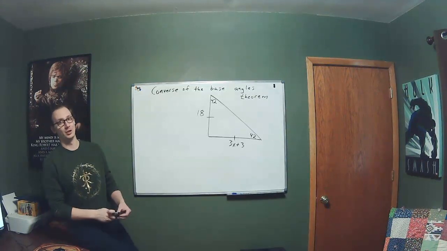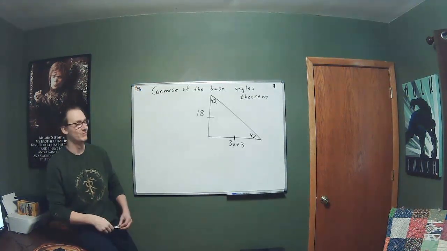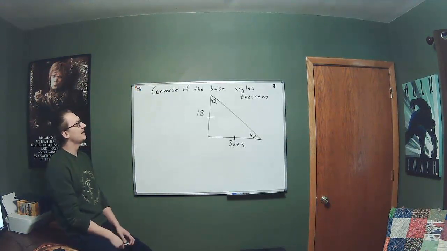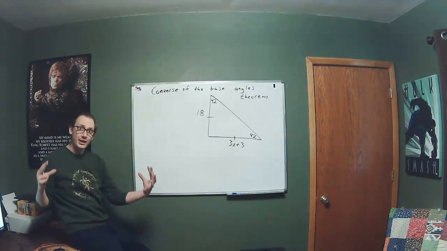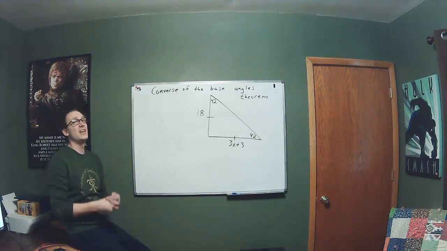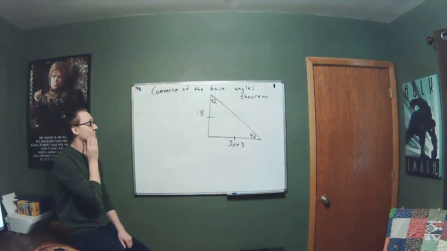The converse of the base angles theorem, which is if the two angles are congruent, then we also have two sides that are congruent as well.